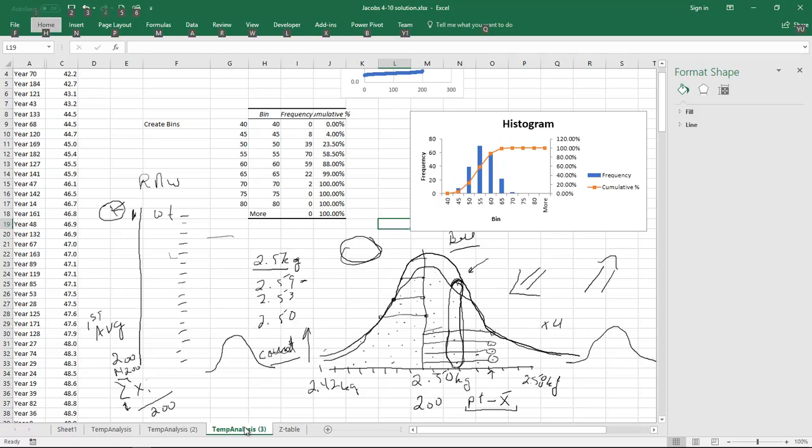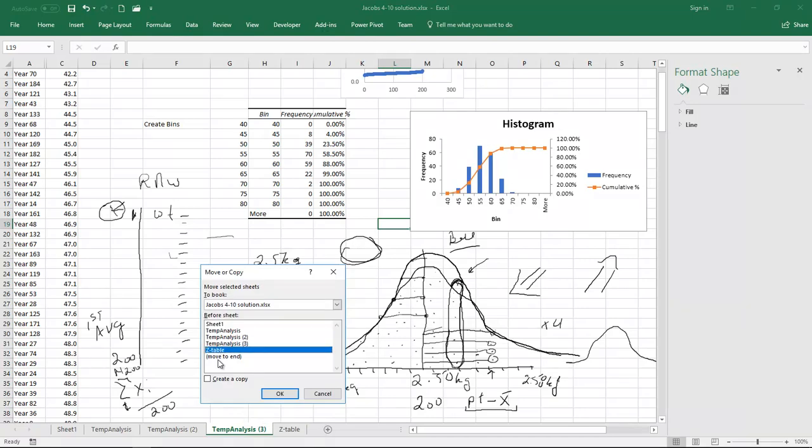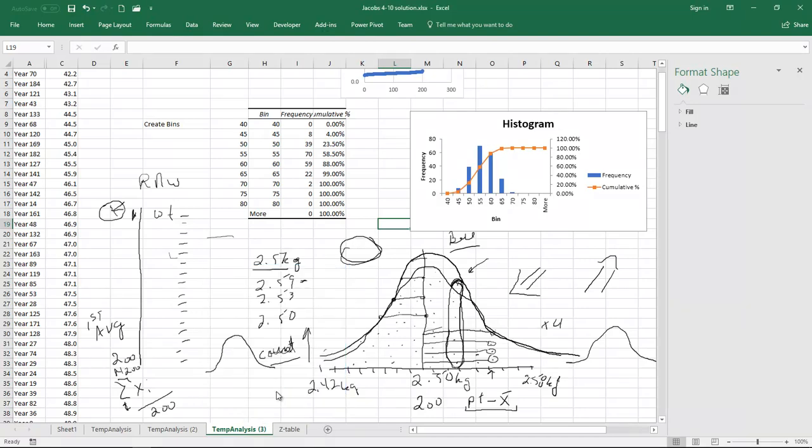So let me copy this page again. And let me try to erase, I don't know if I can do that. I'm going to have to get another page. This is very filled up.